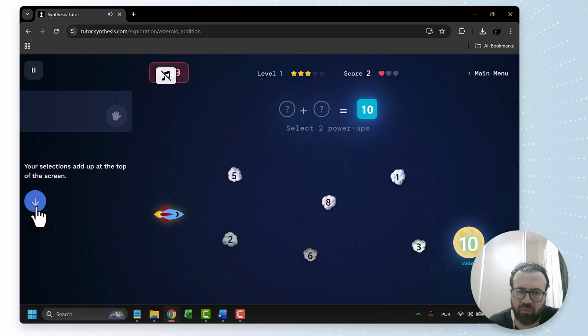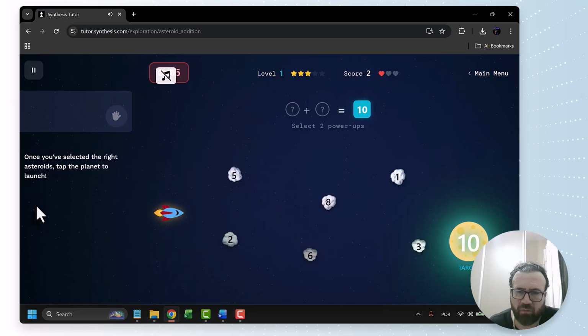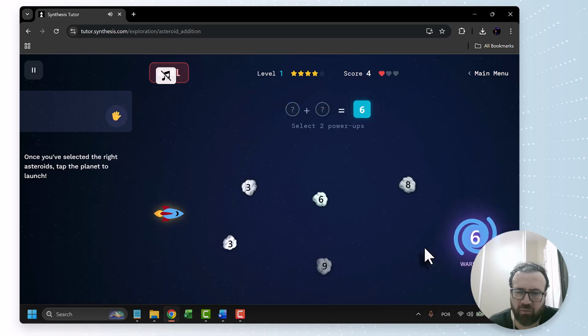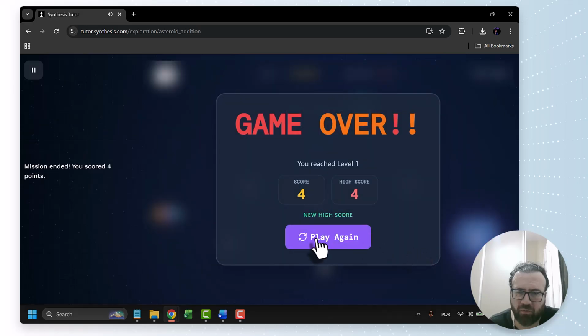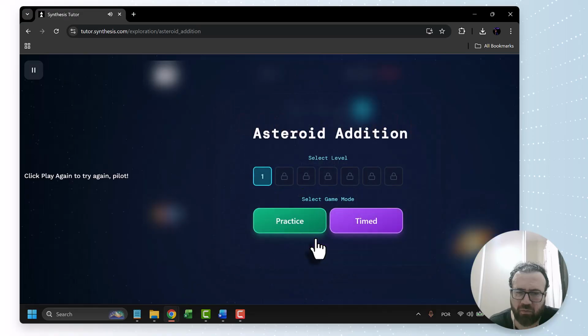Your selections add up at the top of the screen. Once you've selected the right asteroids, tap the planet to launch. Mission ended. You scored 4 points. Click play again to try again, pilot.